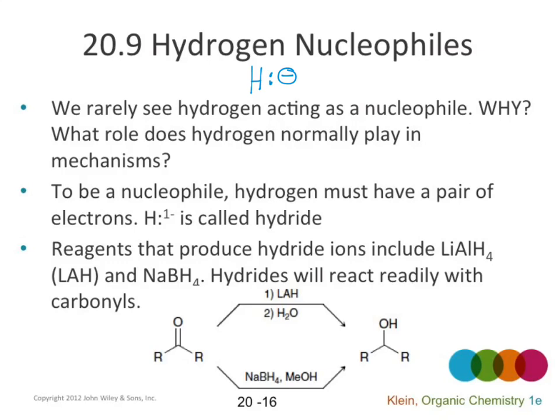We've condensed a relatively large amount of electron density into a point. That makes it extremely reactive. So it's very rare to see hydrogen acting as a nucleophile because it's very rare to see hydrogen with a negative charge. So we have to use some reagent that will help hydrogen stay stable for long enough that we can get it into a reagent form.